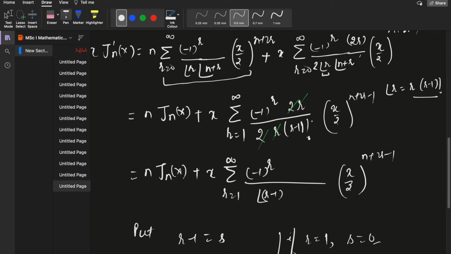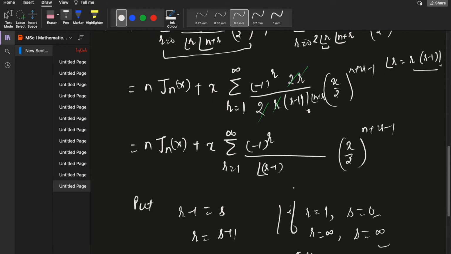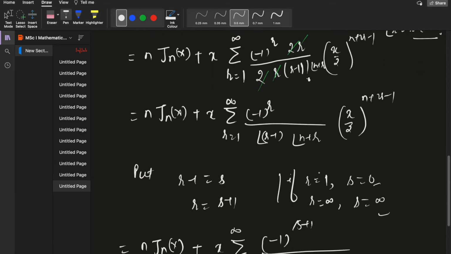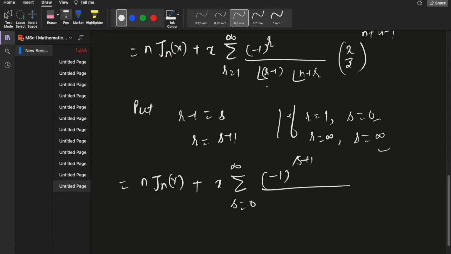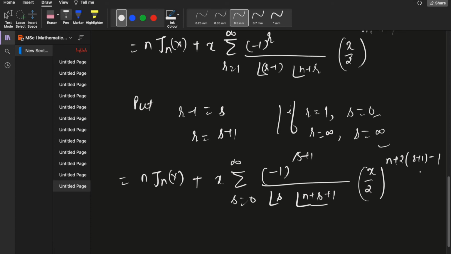We will have one term factorial n plus r, here we'll have n plus r. So factorial r minus 1 will be as factorial s, n plus r, the value of r is s plus 1. Alright, x upon 2 to the power n plus 2 multiplied by r, the value of r is s plus 1 minus 1.